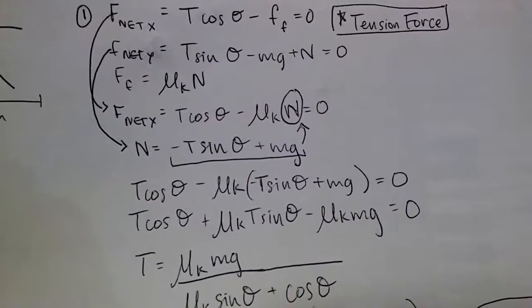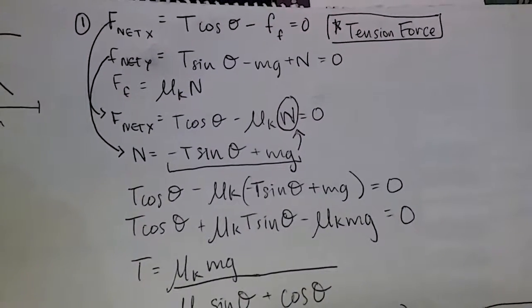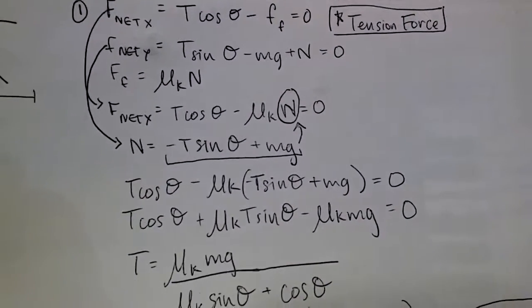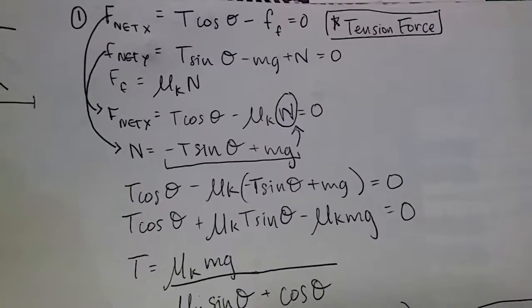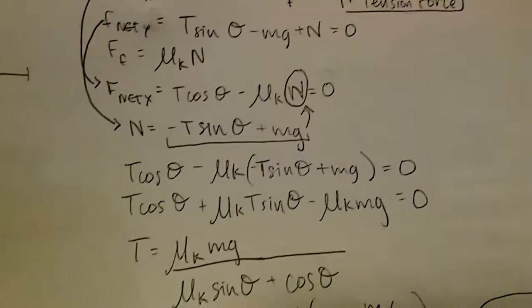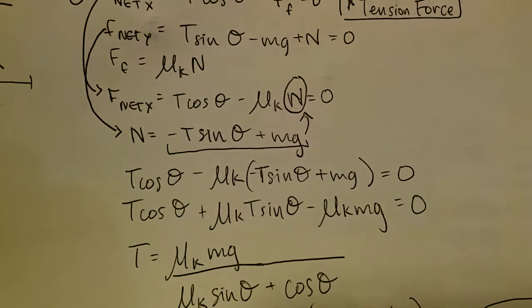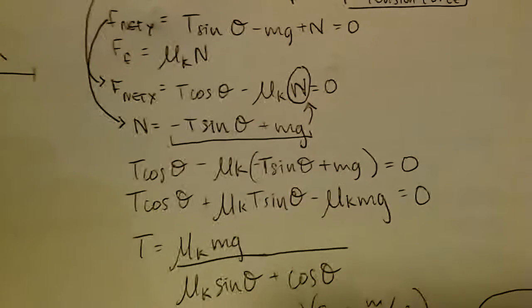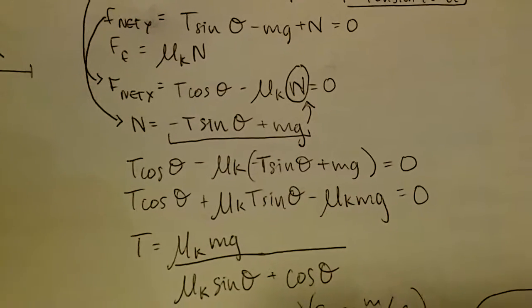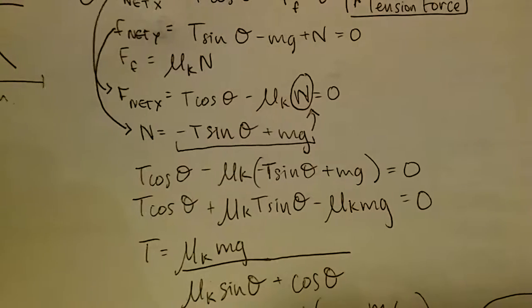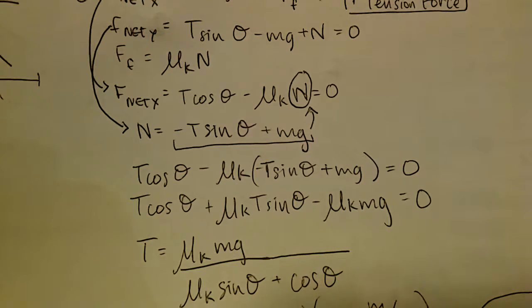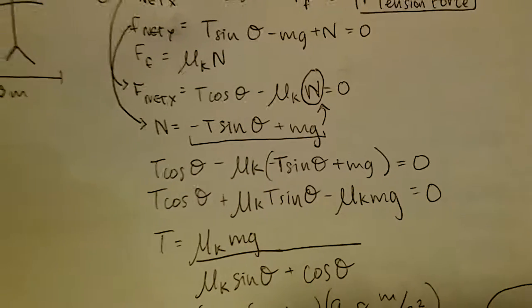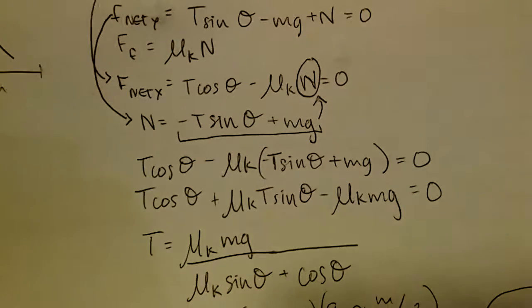And I also take my net y equation and solve for n, which I used to substitute back in the net x equation. And that gives me T cosine theta minus mu k times negative T sine theta plus mg equal to 0. And then I multiply both T sine theta and mg by mu k. And that gives me T cosine theta plus mu k T sine theta minus mu k mg equals 0.